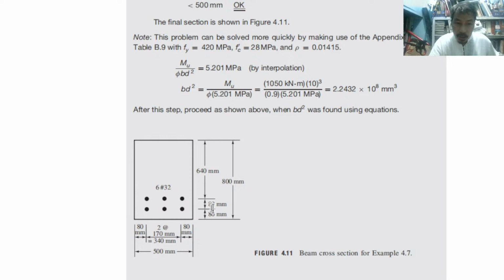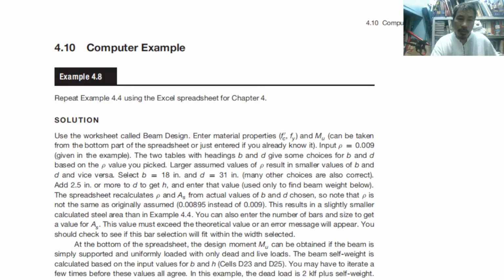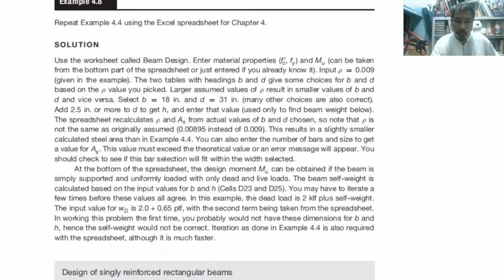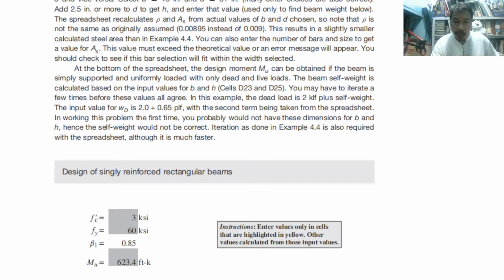For example, here, if there are no values for 80 mm here, 80 mm here, if there are no such values, the construction workers cannot build this beam without that specific information. That's why you need to do it. So we have a computer example that we will get a special time for.